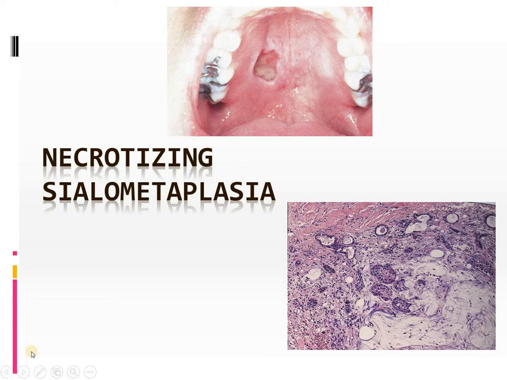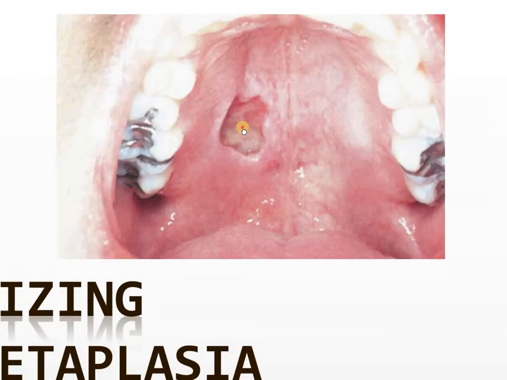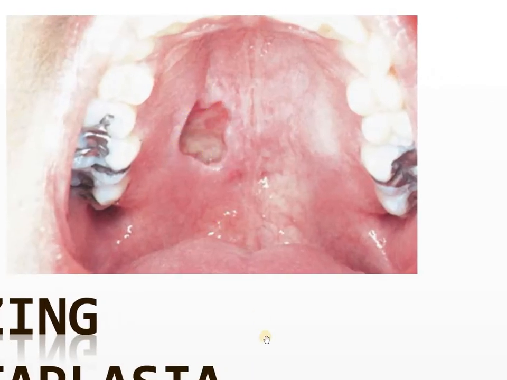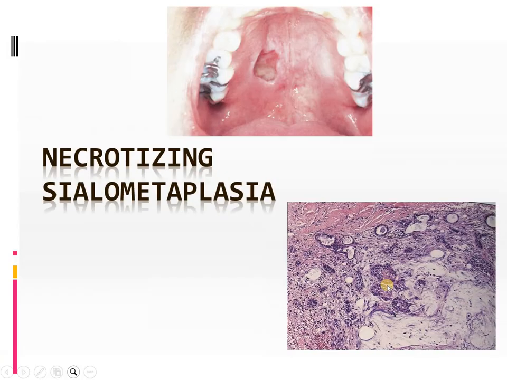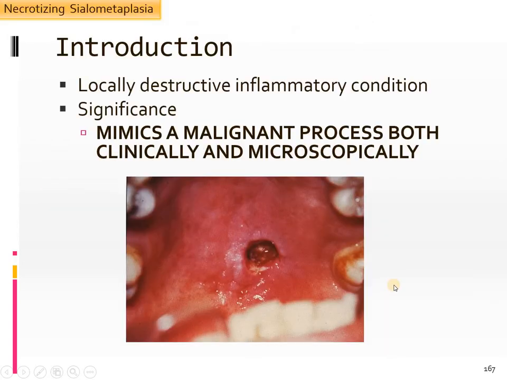As the name suggests, you will find necrosis of the tissue where it is occurring, and you will get metaplasia. Sialo means salivary gland, and the salivary gland tissues metaplastically change themselves into squamous cells, and it looks histologically also like squamous cell carcinoma.